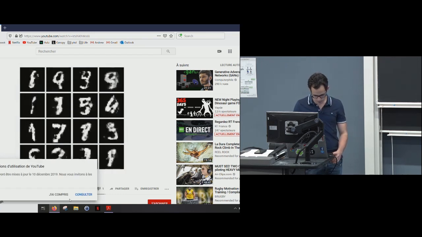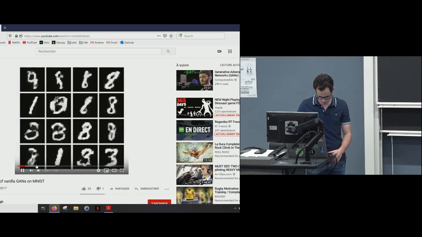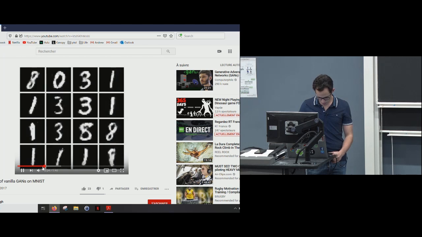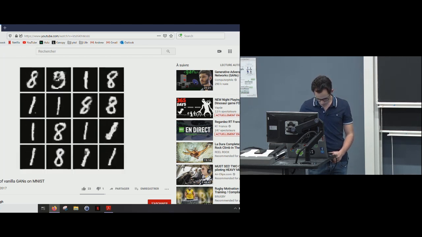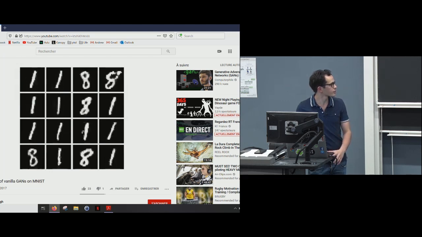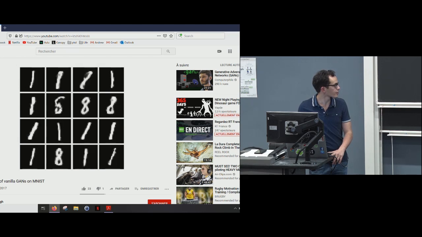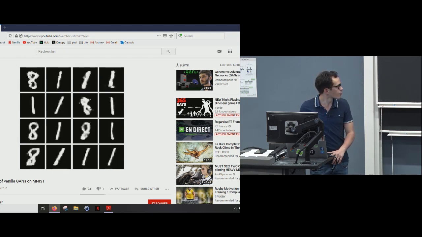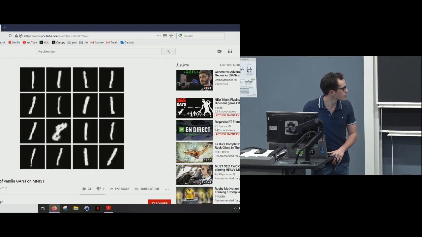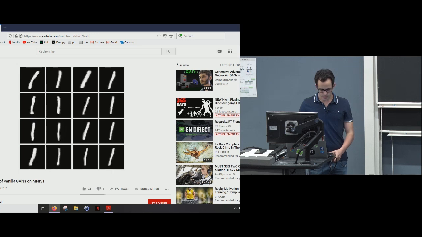All right, so that's a GAN that tries to generate MNIST examples. And if we advance a little bit, now this is what happens. You can see that the generated images look okay, but they are not covering at all the entire space, and the more you advance in time, the more it seems that the only thing generated is 1. So that's kind of a problem.